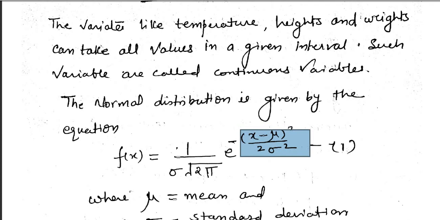So normal variate can be written in the form of z. Here f(x) is equal to 1 upon sigma root 2 pi, e to the power minus (x minus mu) square upon 2 sigma square.